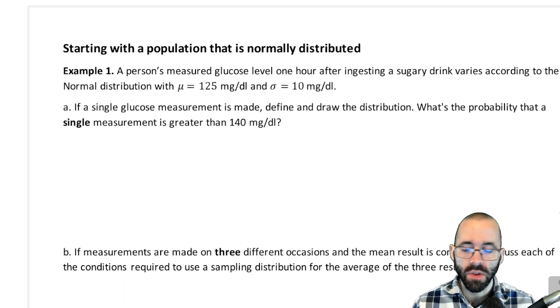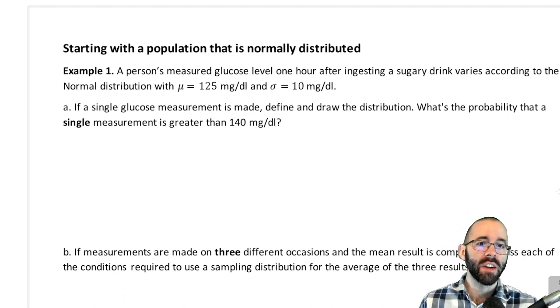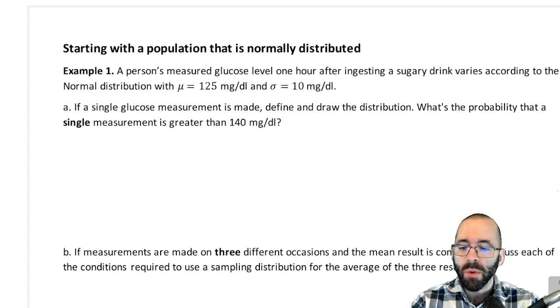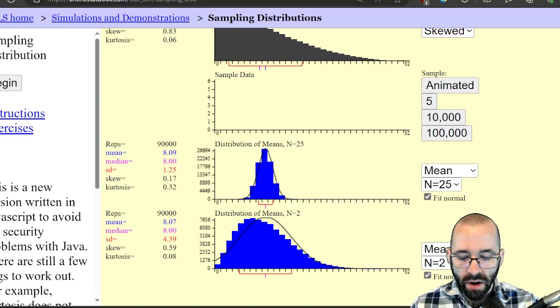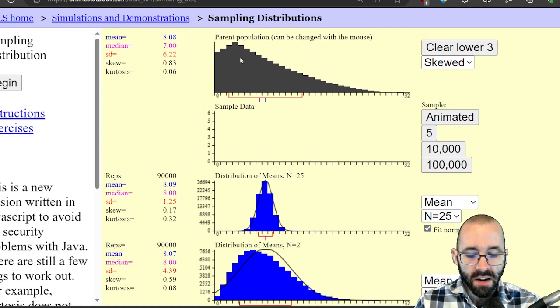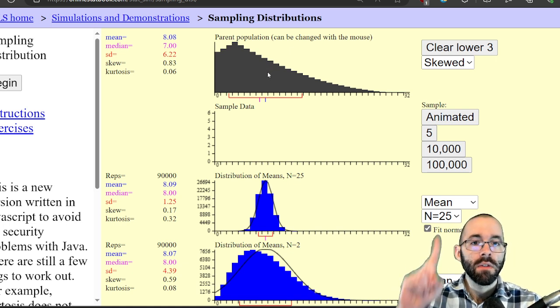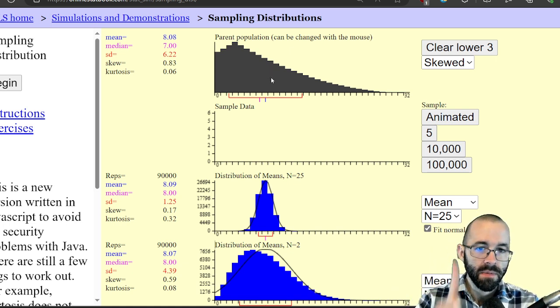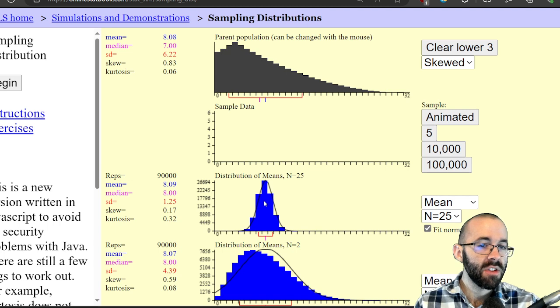Up here is the distribution, the probability for a single reading. If we're curious about probabilities for multiple readings, that's going to have to do with means.